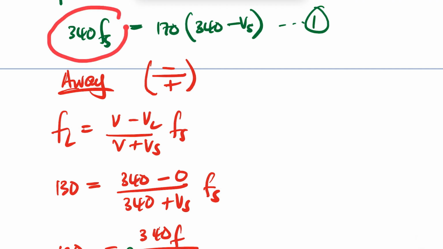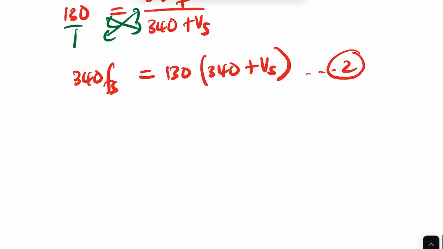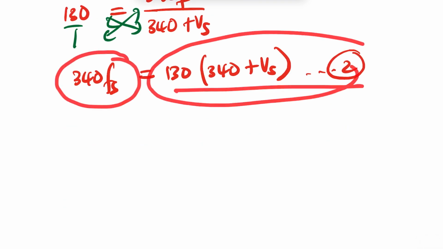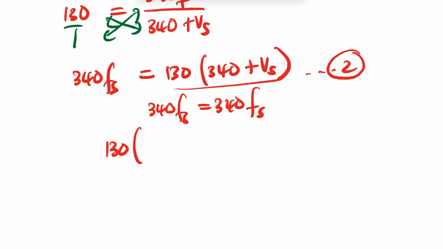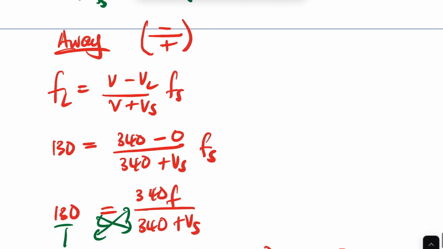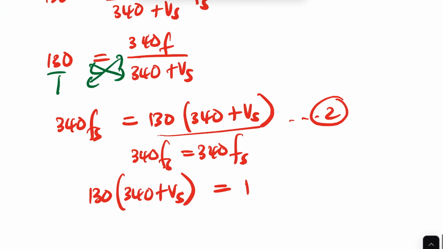Do you see we have 340 Fs equal to that, and here we have 340 Fs equal to that? So we'll just equate the two things. Take this one: 130 times (340 plus Vs) equals, taking the top one, 170 times (340 minus Vs).